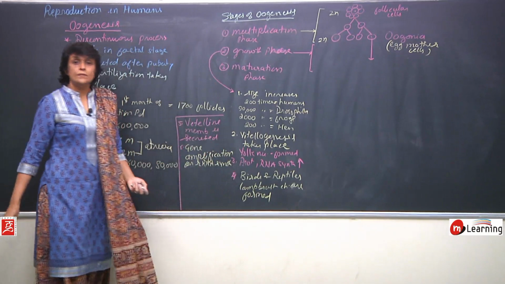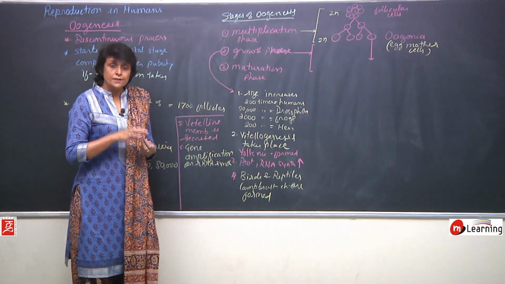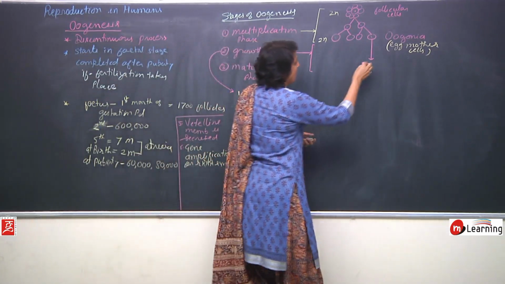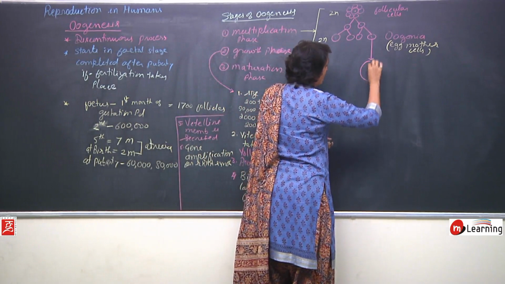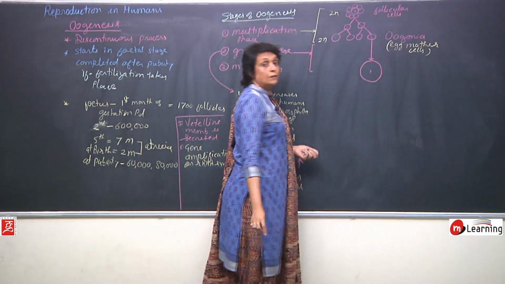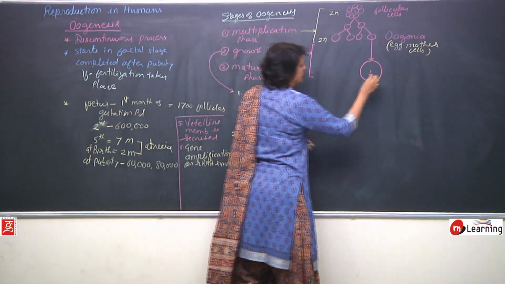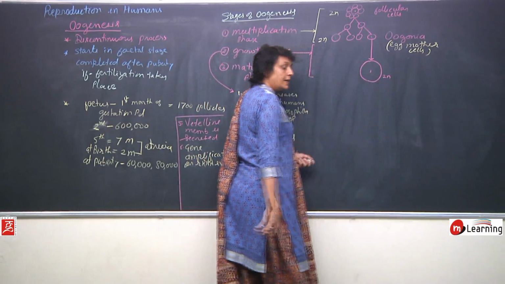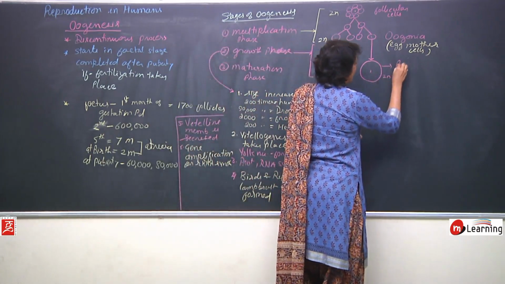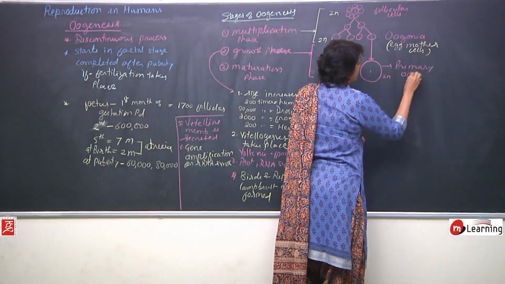So, size is increasing, nuclear division is not taking place, so chromosome number is same, and we show a big cell which is still diploid. This is diploid. It is known as primary oocyte.